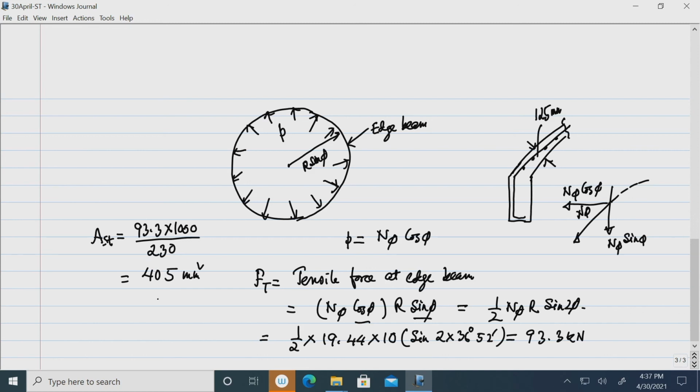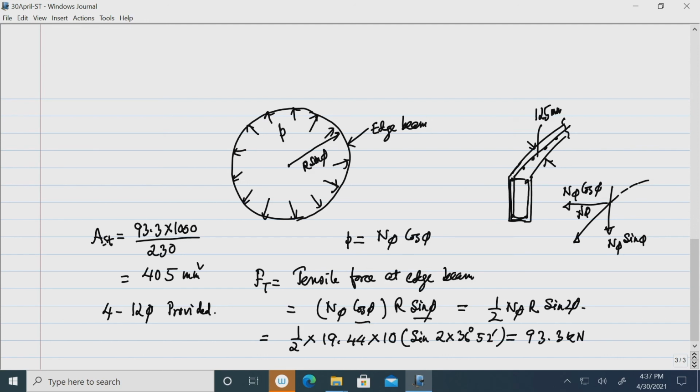Therefore, we can say that for an AST of 405 square, if I provide 4 bars of 12 phi, that will be adequate, in addition to stirrups. Okay. So, 4-12 bars have to be provided and stirrup reinforcement will be there.